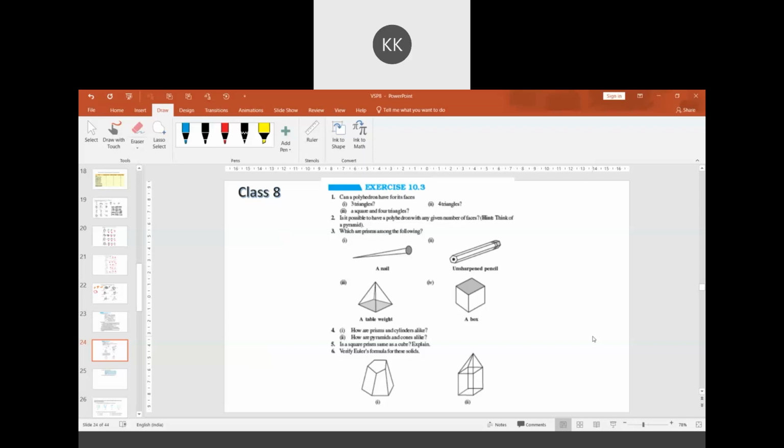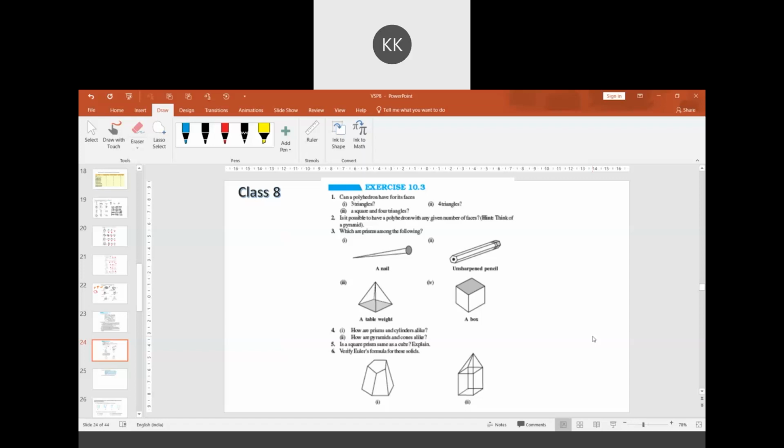Yes, sir. You cannot have, because a polyhedron must have edges meeting at the vertex, which are the points. Here, when you consider only 3 triangles, the other face will be open. Totally 4 triangles are required to make a tetrahedron.